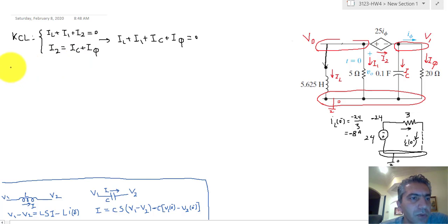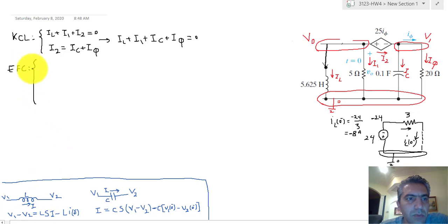Now we're going to move on to writing equations for components. There are 1, 2, 3, 4, 5 components, and therefore we're going to have to write 5 equations. For the inductor, this is the equation down here. This is the equation that we're going to use.